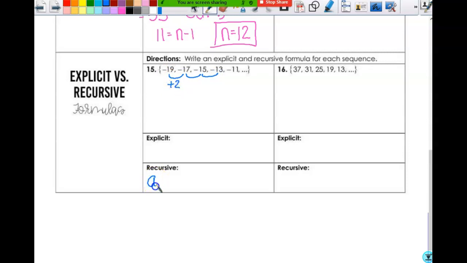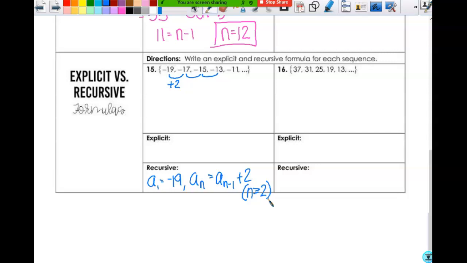So my recursive formula: a sub 1 equals negative 19, and a sub n equals a sub n minus 1 plus 2, and then n has to be greater than or equal to 2.